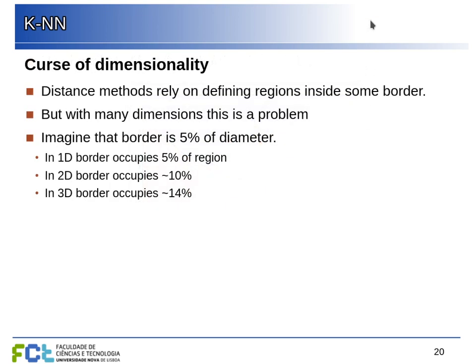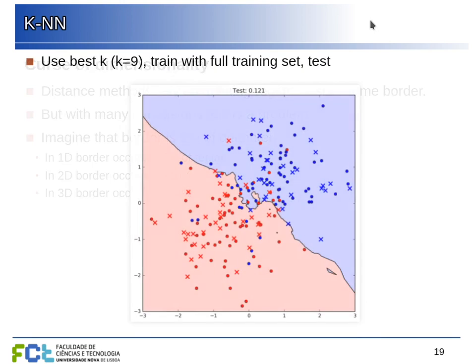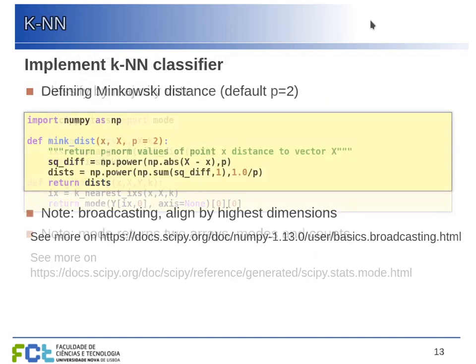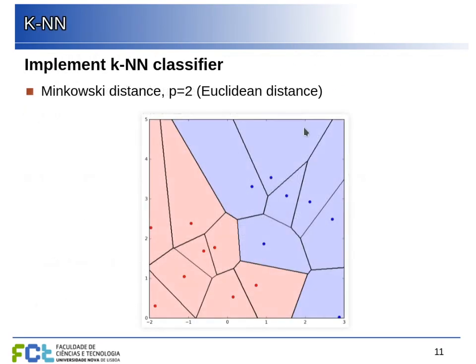Now, one thing that comes with these kinds of distance methods is the curse of dimensionality, which arises as we increase the dimension too much. Basically, in these distance methods we define some region by a frontier.